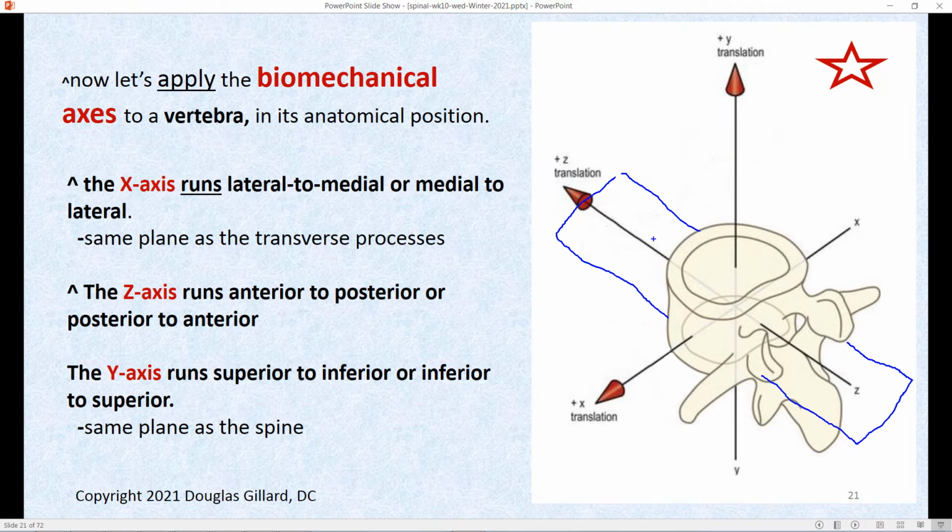We shouldn't use axial because they use the word axial to go more with this y-axis, and I'll explain that later.